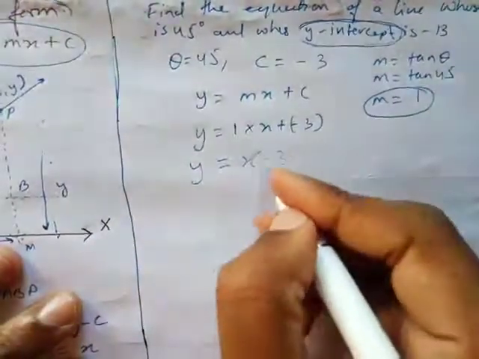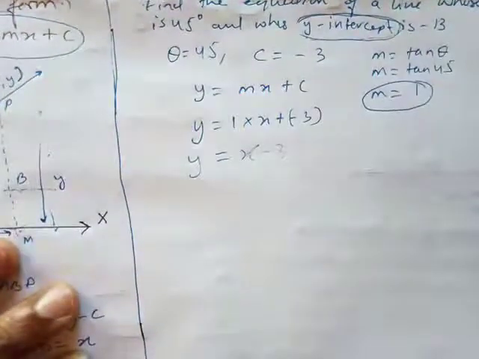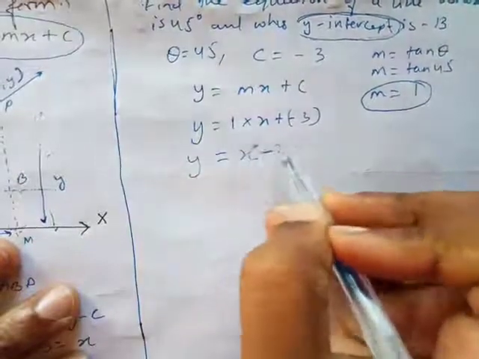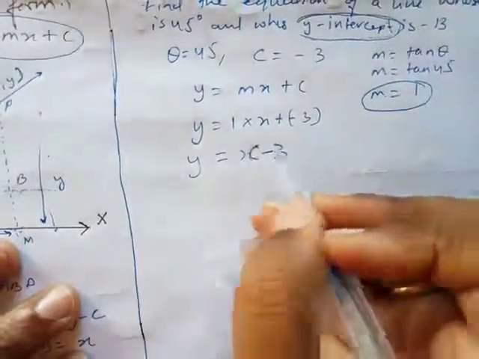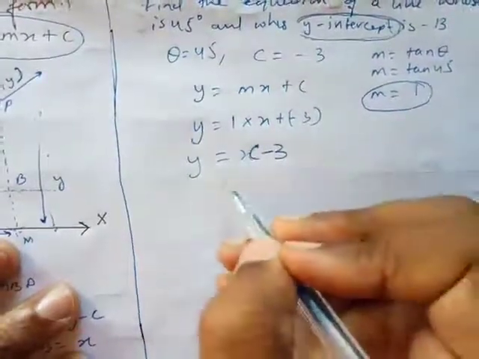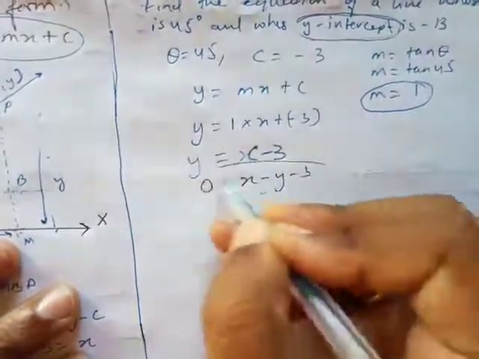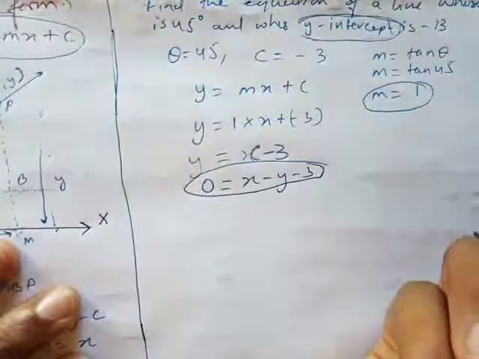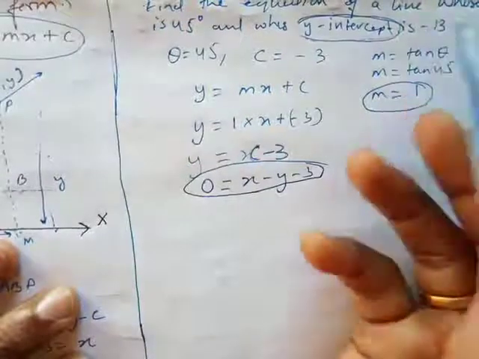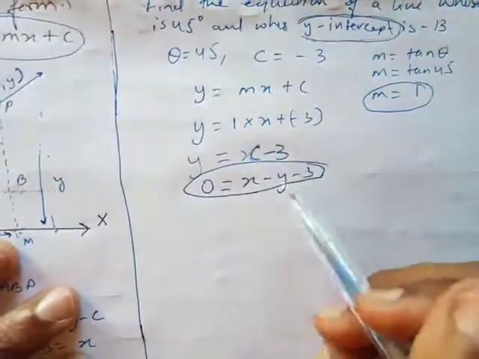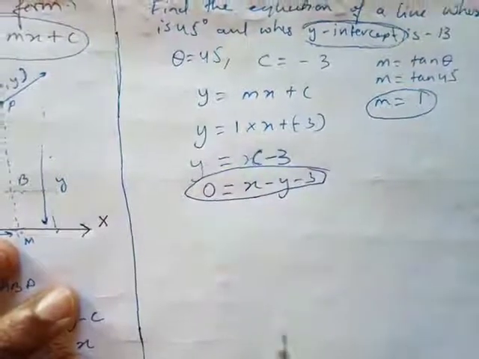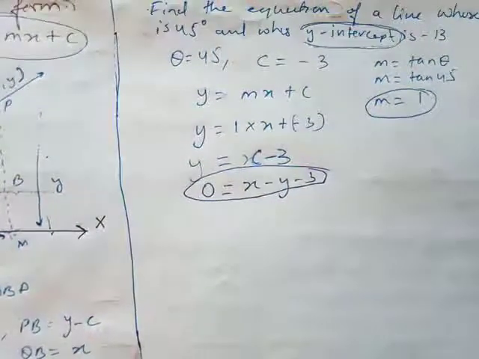Is that okay? And then you can shift the numbers here and there. So it's gonna look something like this: x minus y minus 3 equals to 0. This is the equation of a line. They will give you m, they will give you intercept, and then you have to make an equation of a line. So this is the equation of a line that they were asking you to find.